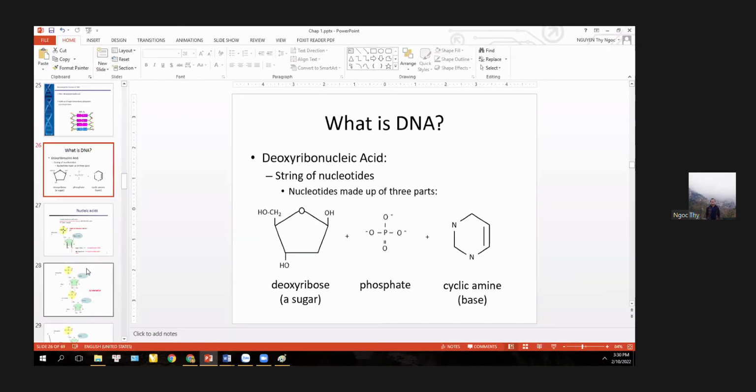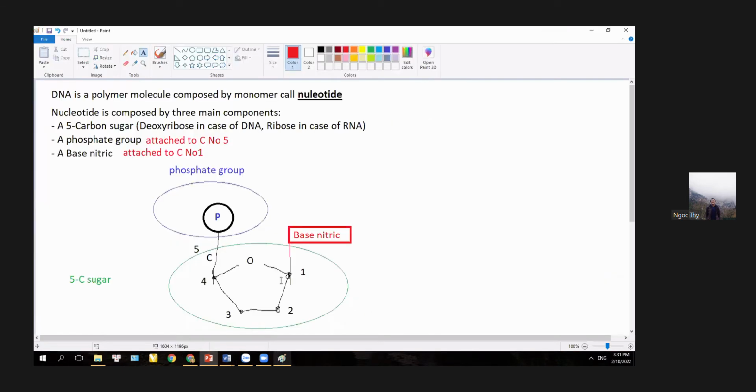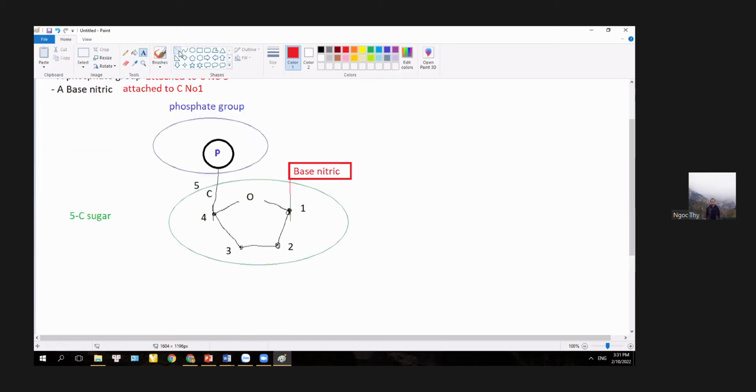So in a neutral pH environment, a nucleotide will have a negative charge due to the phosphate group. And we can see here that the difference between ribose and deoxyribose is only at carbon number 2. Let me take another color.